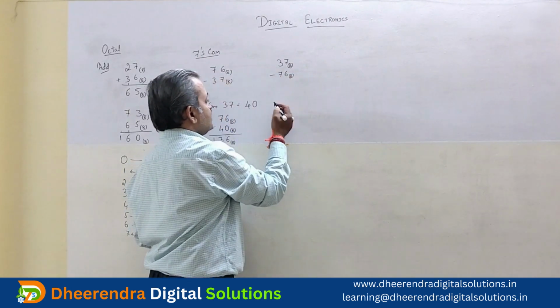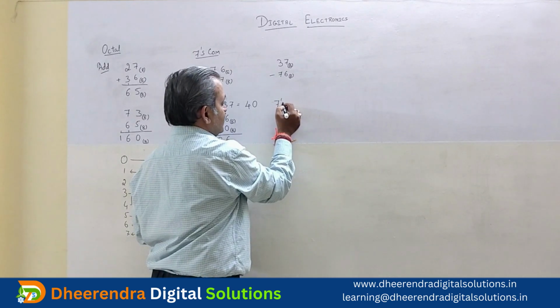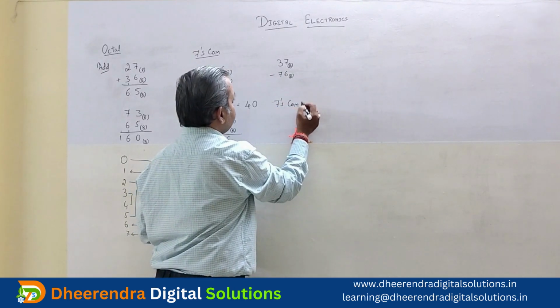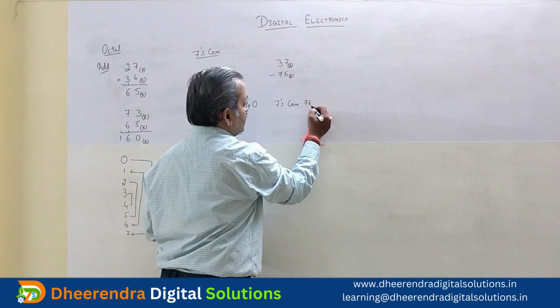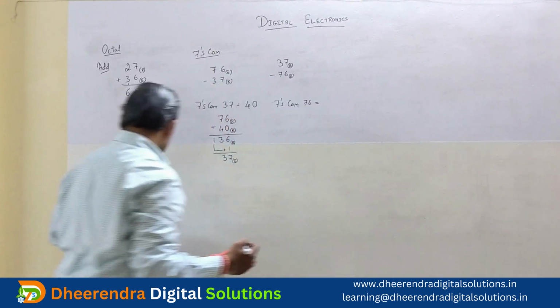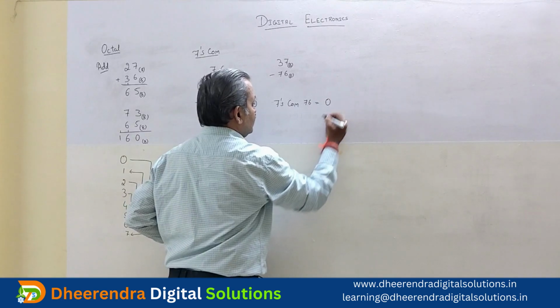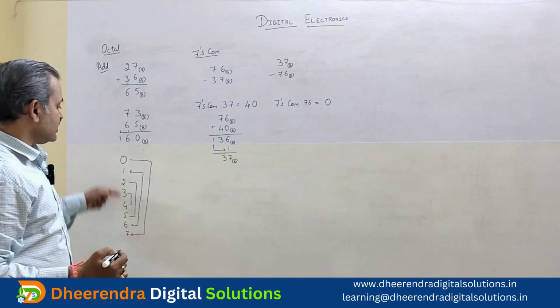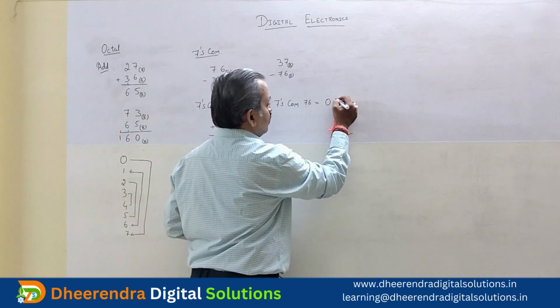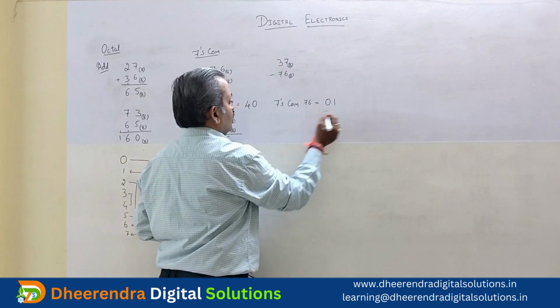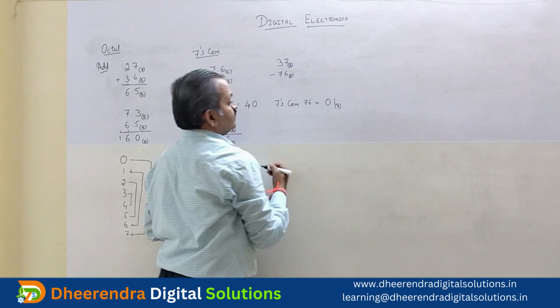Now 37 will be as it is. Again, we have to take the 7's complement of 76. The complement of 7 is 0, so this is 0. Then the complement of 6 is 1. So it is 10 to the base 8.